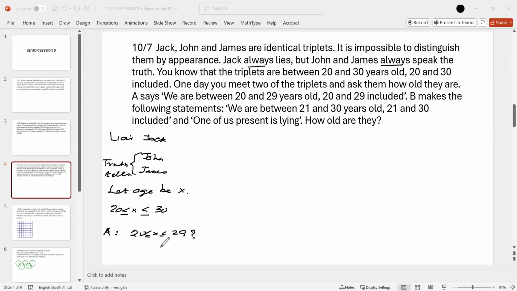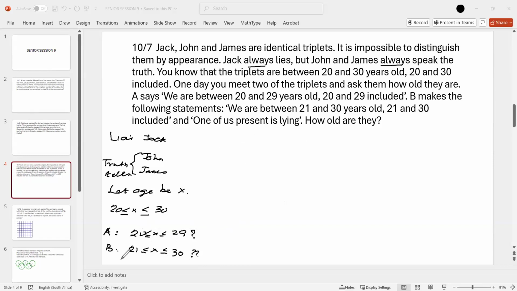Now B makes the following statements. B says, we are between 21 and 30 years old, 21 and 30 included. Now, even this too, we don't know whether this guy is speaking the truth or what.